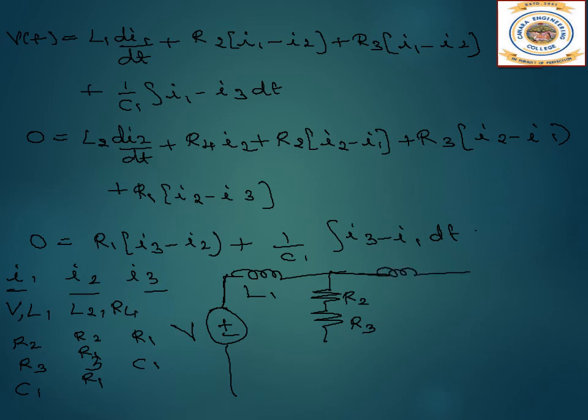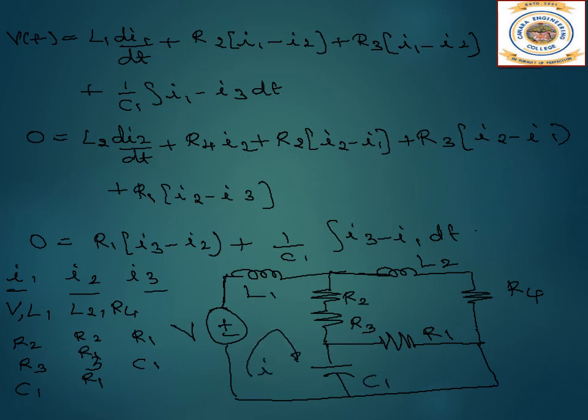Then R1 is between loops 2 and 3, so I will draw that over here. C1 comes between loops 1 and 3, so that I will draw over here. So this is our circuit, with currents I1, I2 and I3. This is the force-voltage analogous circuit.